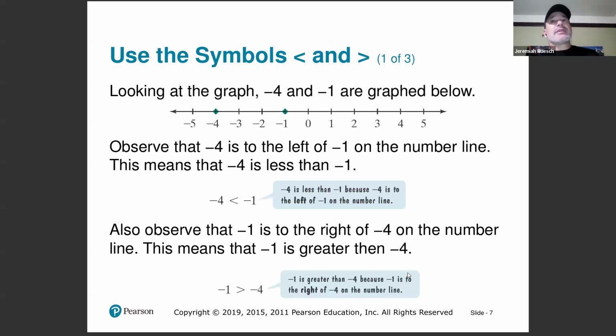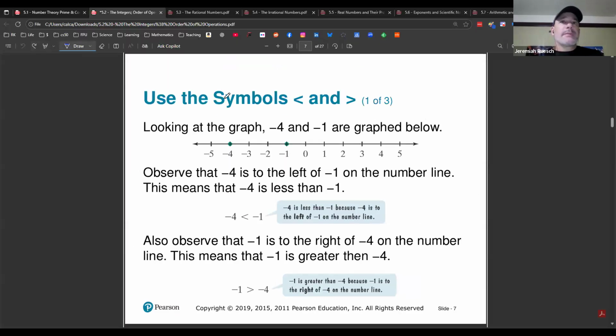Using the symbols less than or greater than, let's look at the graph. The graph of -4 and -1 are graphed below. One should note that as you go to the left, these numbers are smaller.